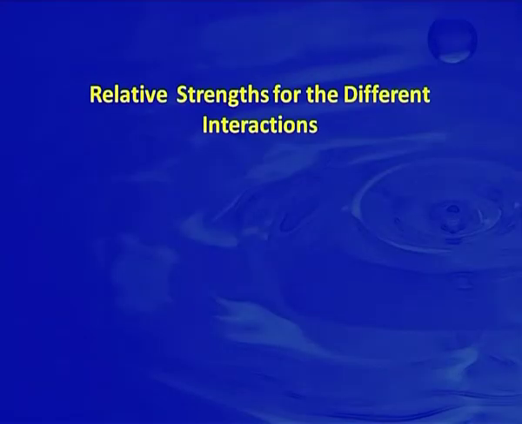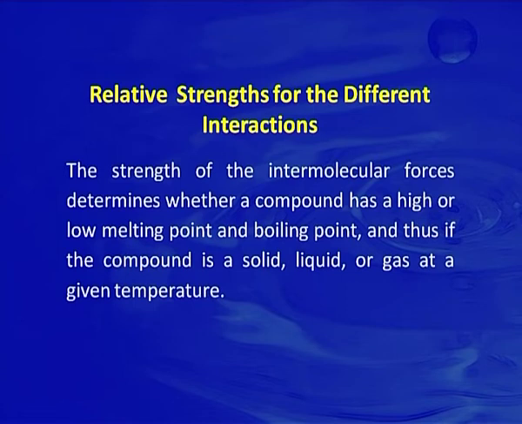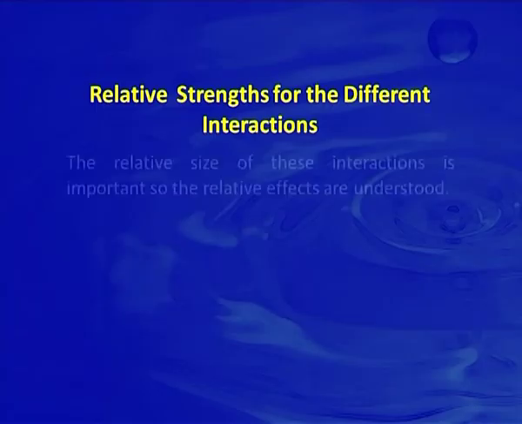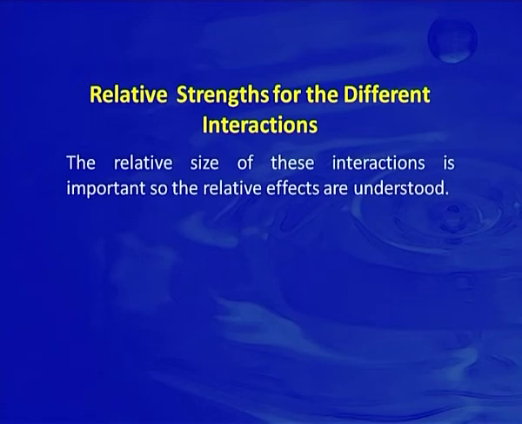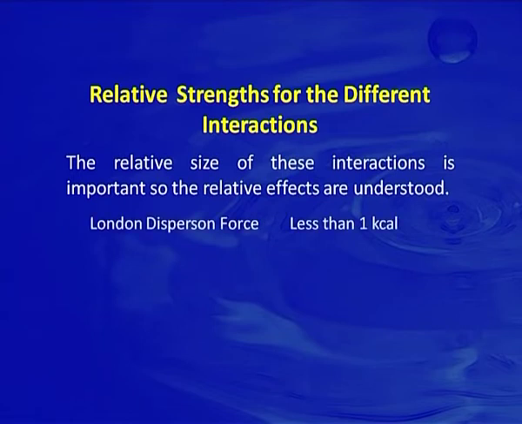Relative strength of the different interactions. The strength of the intermolecular forces determines whether a compound has a high or low melting point and boiling point, and thus whether the compound is a solid, liquid or gas at a given temperature. The relative size of these interactions is important, so the relative effects are understood.